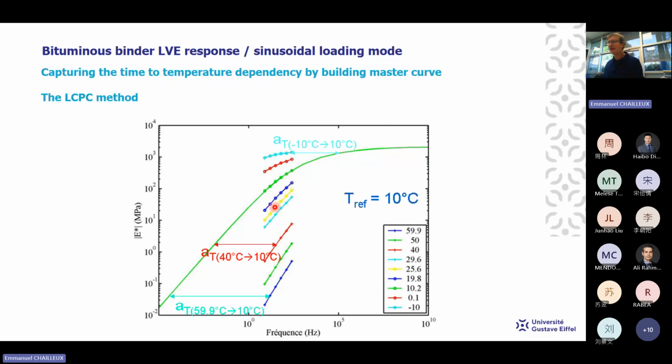So we need to find this translation coefficient, which depends on temperature.